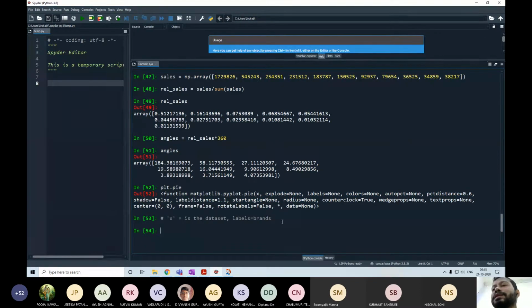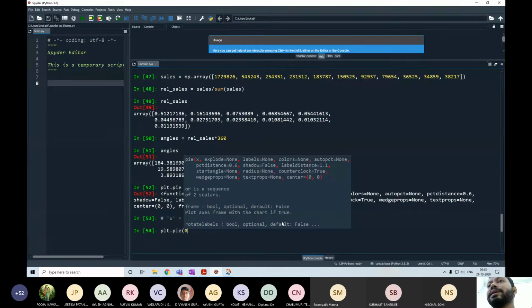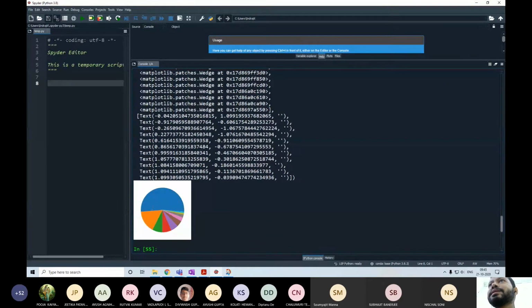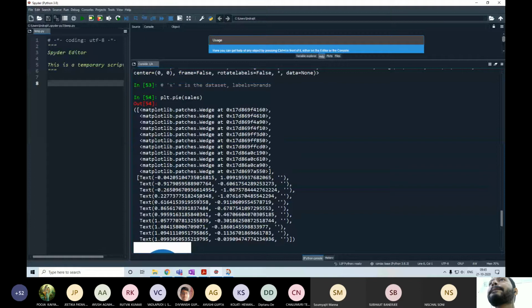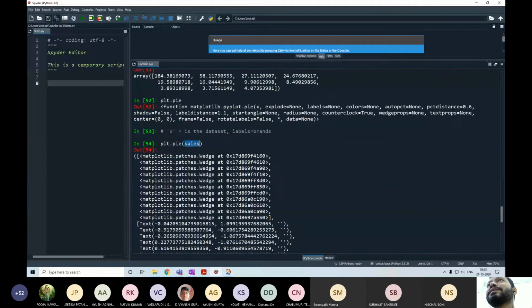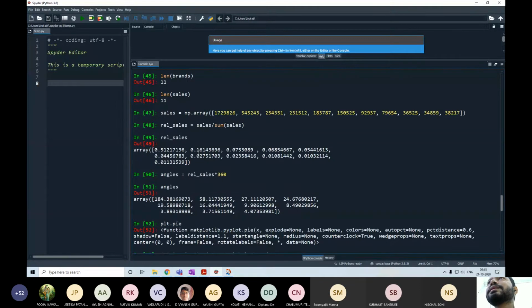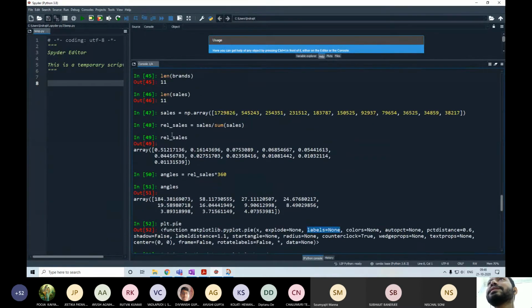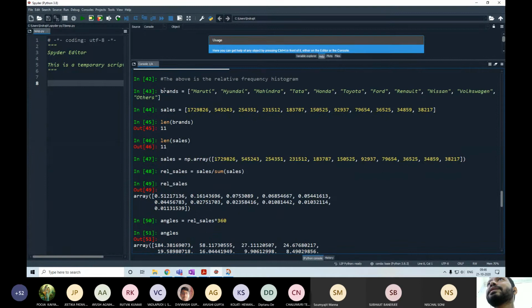So, for example, if I just simply supply the first argument, which is plt.pie and the sales figure, this should give me a pie chart. Yeah, that gave me a pie chart. So this sales figure is our data set. Where is that? Yeah, this sales is the data set. Now, if I supply more arguments, like if I also supply the labels, labels are stored as those brands, right?